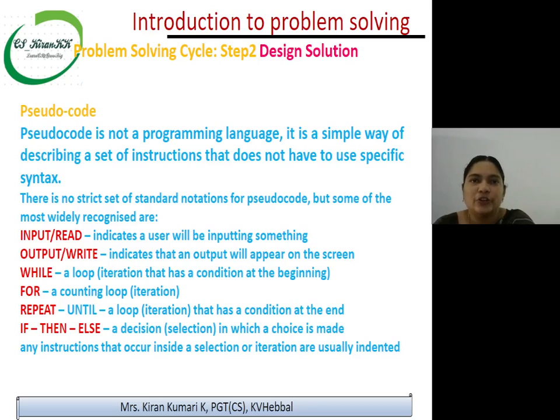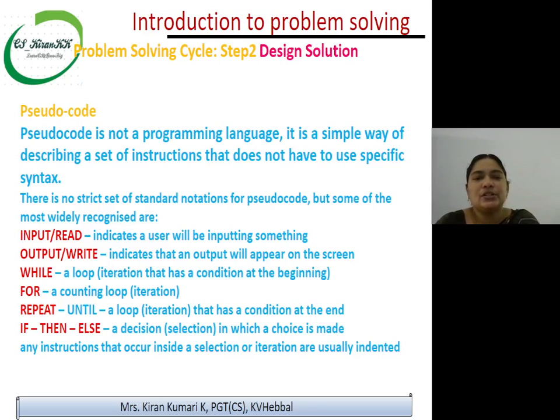If it is until this condition is satisfied, repeat those steps. Then if-then-else is a decision selection. While and repeat are iterative statements, whereas if-then-else is a selection in which a choice is made.